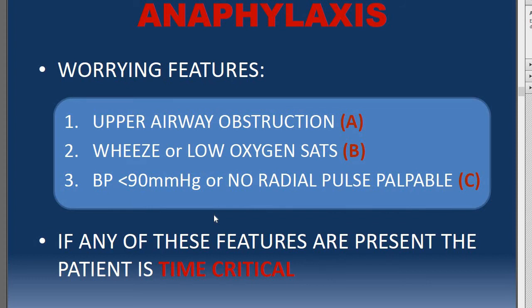B, as we've discussed, wheeze or low oxygen saturations are an indicator of a B problem, and then a low blood pressure or no radial pulse is an indication of a C problem. But these are all time critical problems, and these are all patients that are time critical, so they must be treated quickly, aggressively, and evacuated ASAP to somewhere that's got extensive medical support.